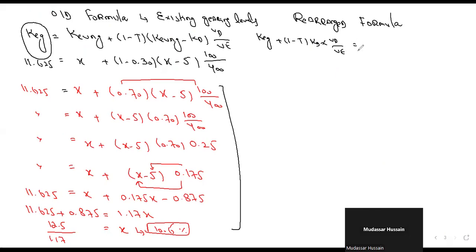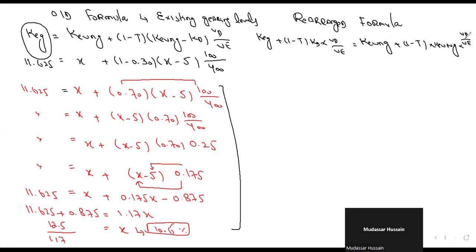Now, cost of equity of the ungeared company plus 1 minus T into cost of equity of the ungeared company multiplied by value of debt over value of equity.